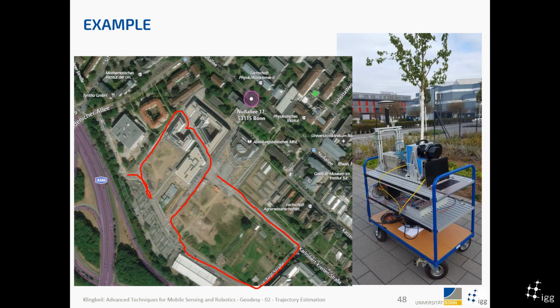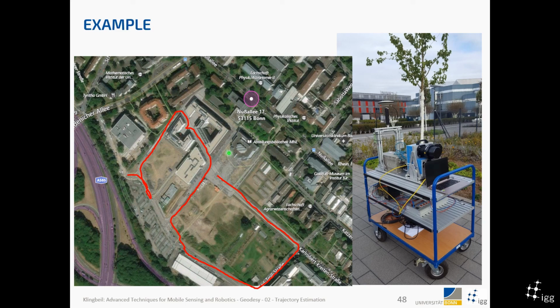Let's now discuss these methods of comparing different trajectories, especially focusing on the example of smoothing, which we've seen before. Here, this is our campus, and this is our mobile laser scanning system, which we've seen a few times already.